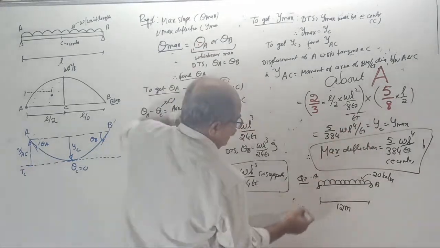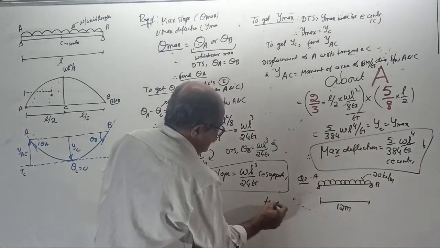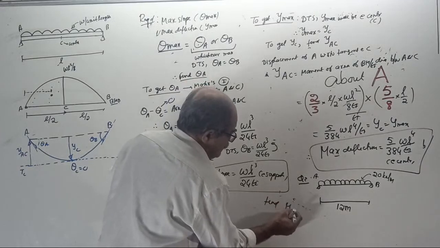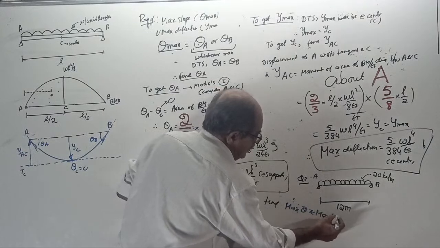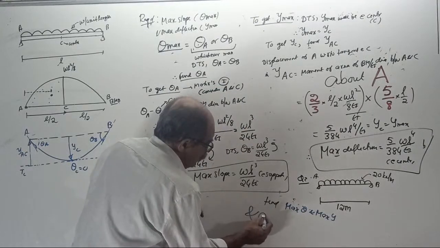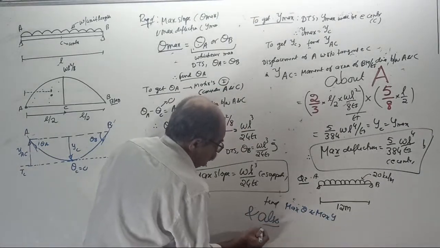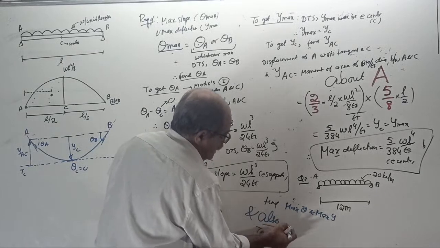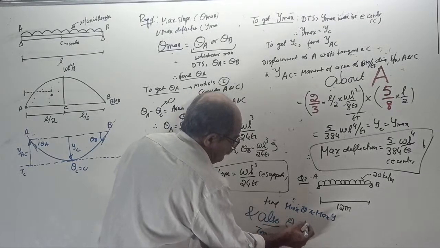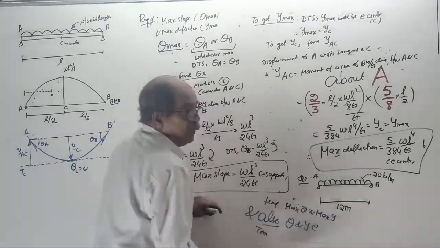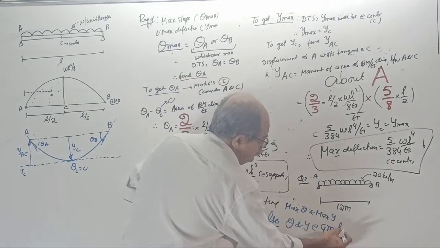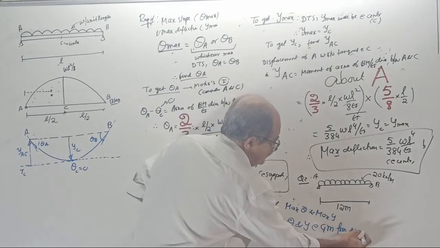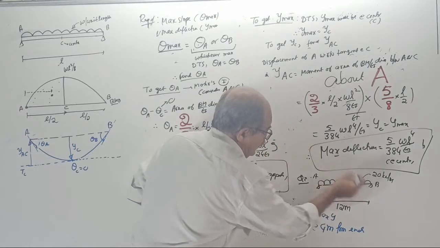Find maximum slope and maximum deflection, and also slope and deflection at one random point at 4 meter from ends, either here or here.